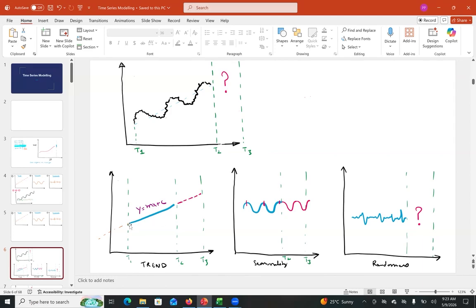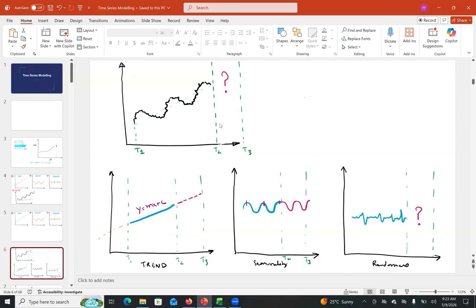Now, if there is a line like this, can you predict what is going to be the next value? Yes, right? If there is a line like this, it is easy for us. Like here, it is a little difficult. What is going to be the next value?